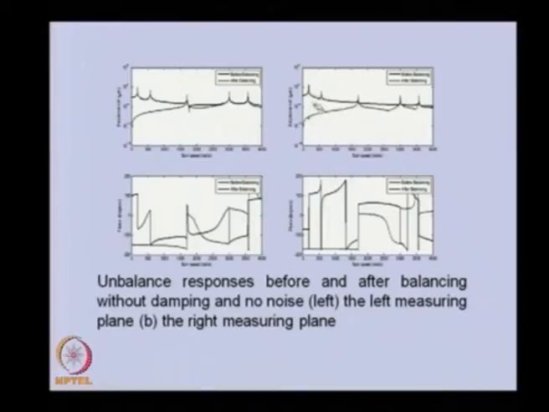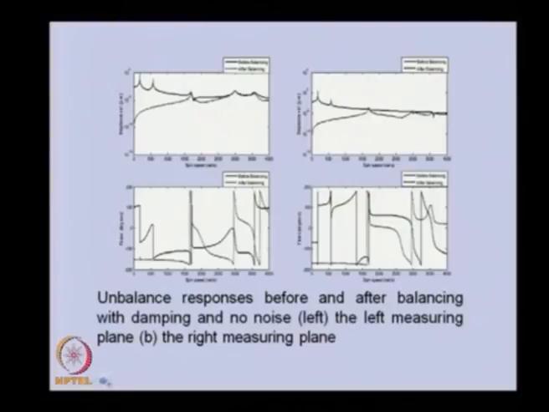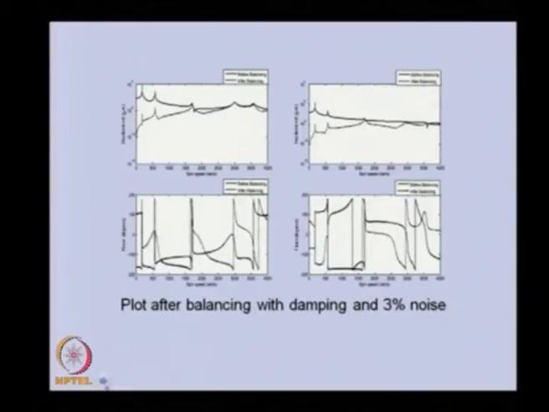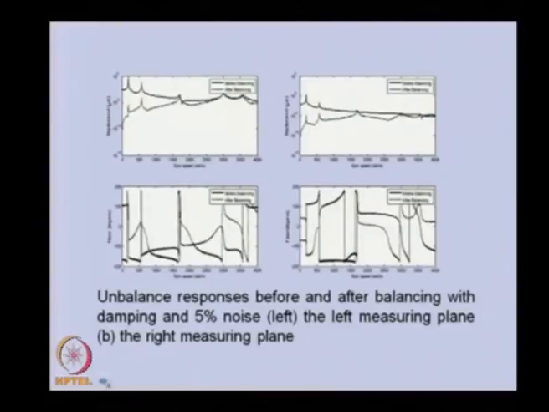The first two modes we could balance, but higher modes are not getting balanced because we have used the distributed residual unbalance in the system in the form of a spiral. Similar plots we will see for different cases, with noise and without noise. In every case you can see we could balance up to the second mode, but the third and higher modes are not getting balanced.